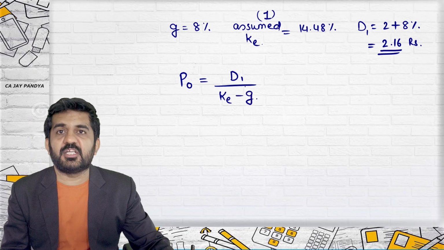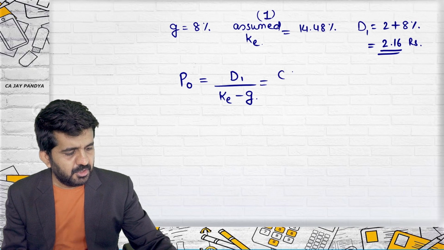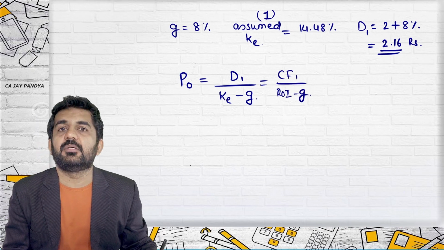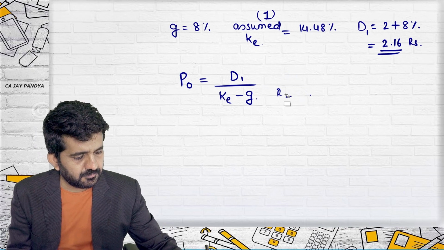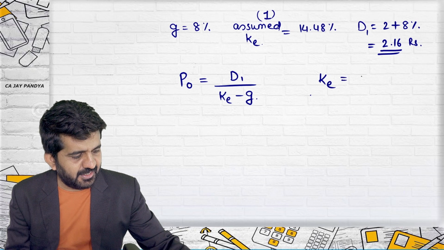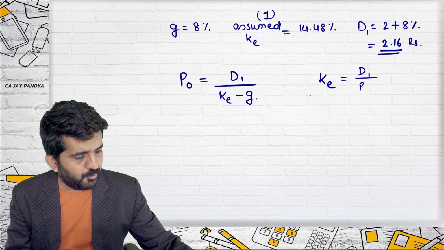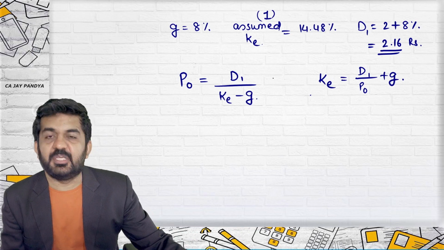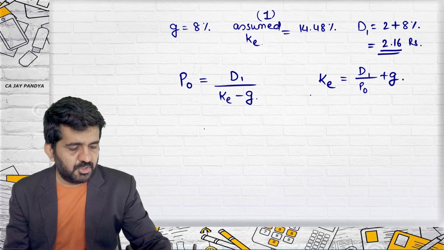If you don't understand this, it is nothing but the cash flow of the first year divided by the rate of interest minus G. Or it is nothing but KE is equal to D1 upon P0 plus G. Here if you take P0 on this side, this is how it will look.